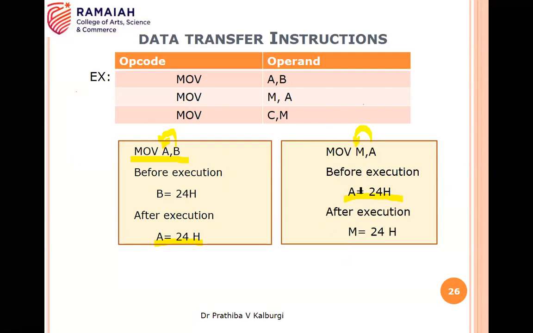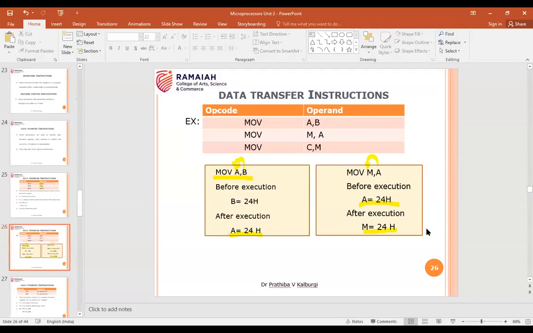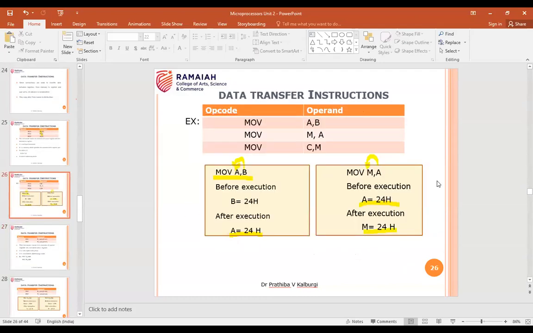So after the execution, you'll find M is nothing but 24. So M is pointing to your HL register pair.